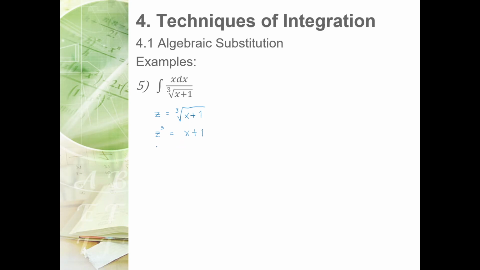So getting the derivative of both sides, this would give us 3z squared dz is equal to dx. So we can replace this one with z and this one with 3z squared. So how about for x? We try to isolate x using this expression here. So x equals z cubed minus 1.